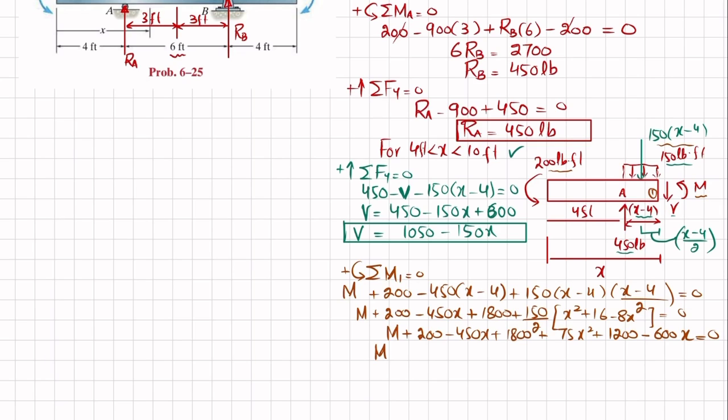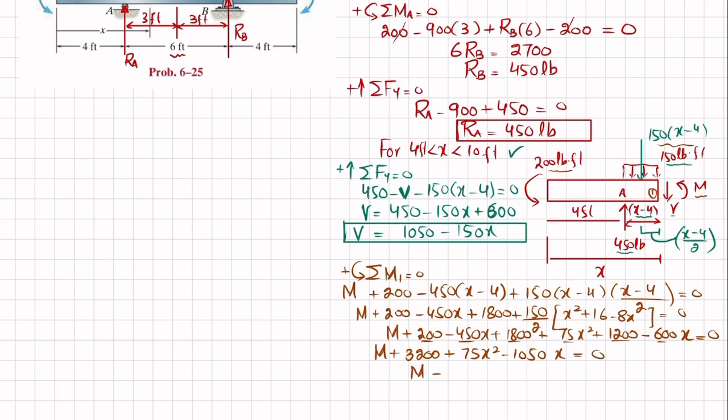So M plus 200 plus 1800 plus 1200 is 3200. So M plus 3200 plus this 75x square, and minus 450x minus 600x, which is minus 1050x, will be equal to 0.